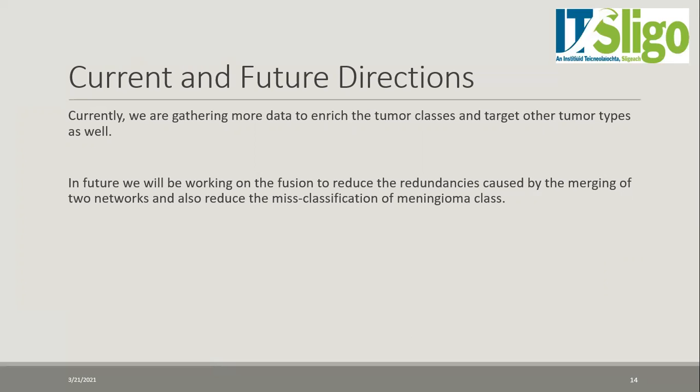In future, we will try to work with the fusion to reduce the data redundancy caused by merging the two networks using autoencoders, which will also help us identify the misclassification of the meningioma class in glioma classification.